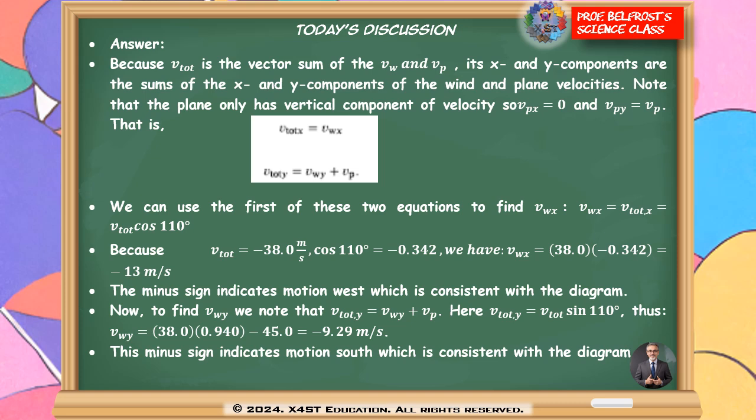So we can create the equation as shown in the slide, and there we get what we want, like the wind components Vwx and Vwy, and then we can calculate what we have.